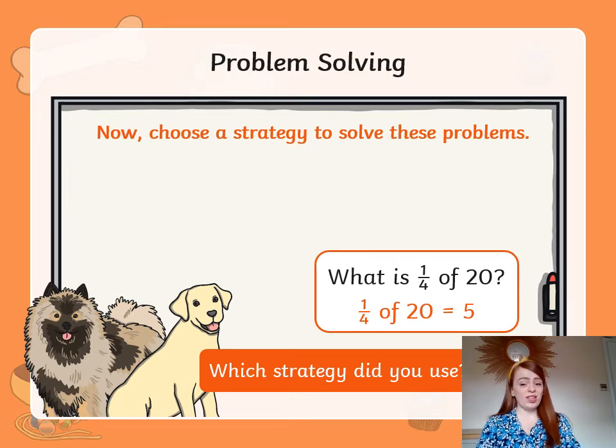Okay, so I know that 20 divided by 4 equals 5, so I know that a quarter of 20 equals 5. I can actually check that, boys and girls. I can add up 5 4 times to check that. So 5, 10, 15, 20. Okay, so a quarter of 20 is 5.